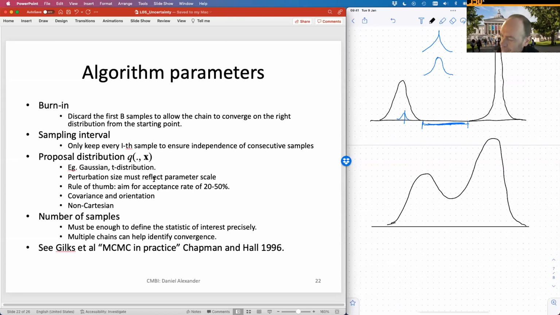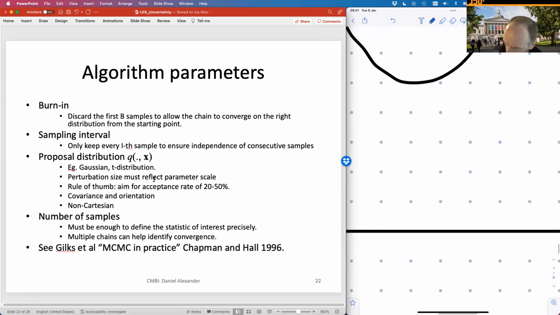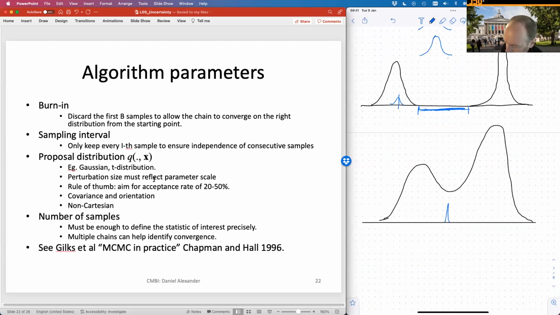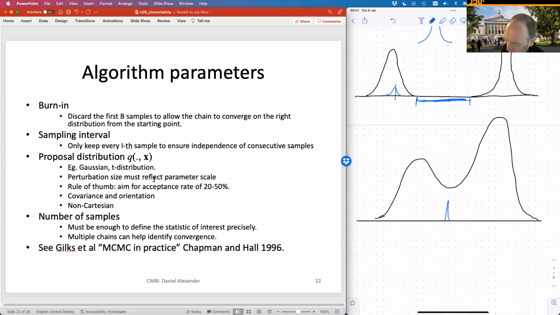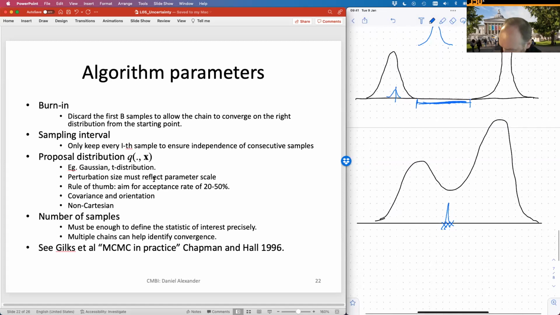So what's the problem if we choose Gaussian perturbations that are very, very tiny? We wobble around slowly from this starting point. We get a very high likelihood ratio every time, wouldn't we?